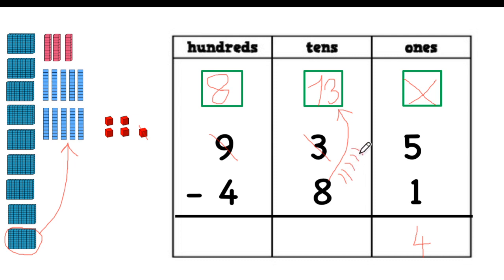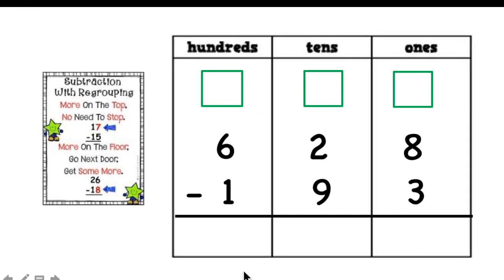How many lines did I draw? 5 lines. That's the answer. And now we're going to the hundreds. Because I am 100 less, that means I have only 800s left. And 8 take away 4 will be 4. That's it. The answer will be 454.